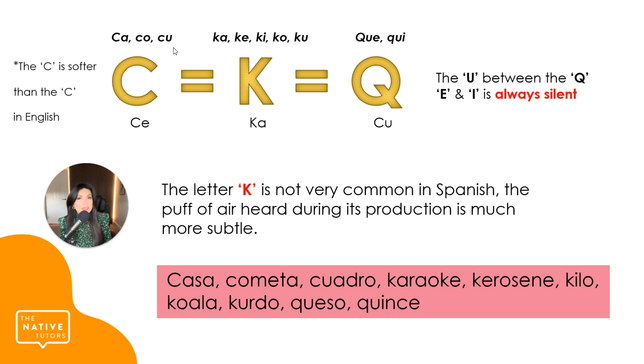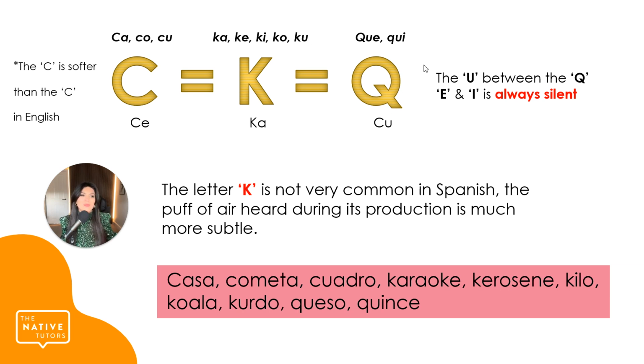Now, is the C sound exactly like in English? It's very similar, but the difference is that it's a lot softer. So we don't say casa with that strength, it's actually casa. So make sure it's not so explosive. The K is similar to this sound, so we will pronounce this like this: ka, ke, ki, ko, ku.